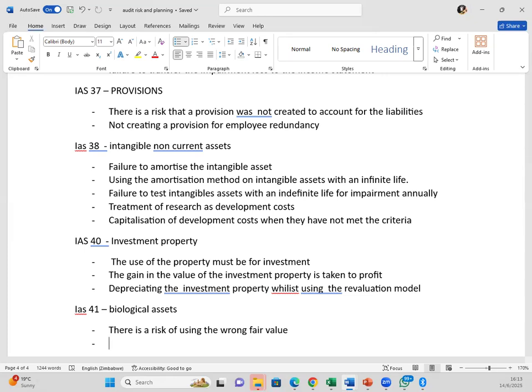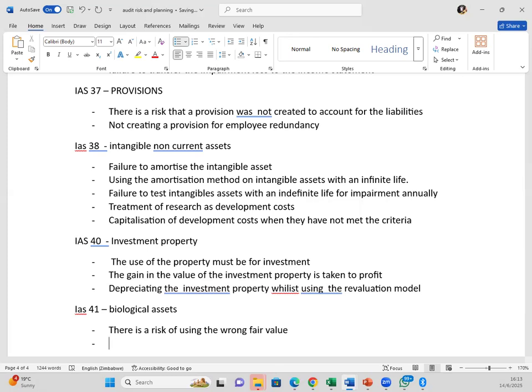If it's maize, you just harvest maize once, that's a biological asset. But if it's an orange tree, that is a bearer plant.